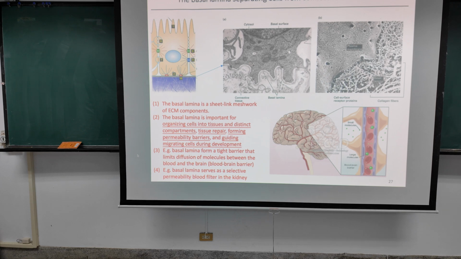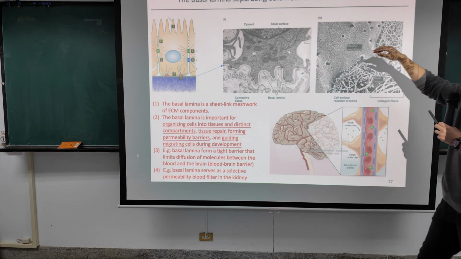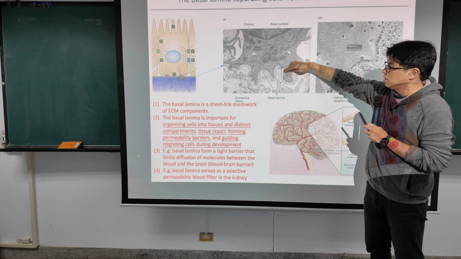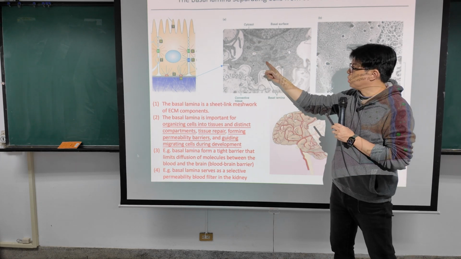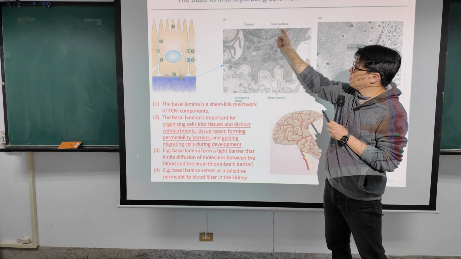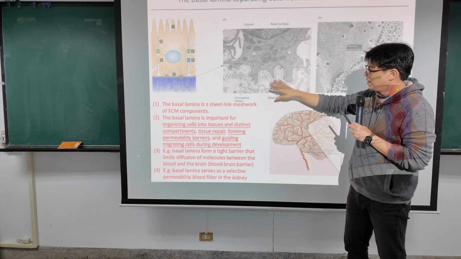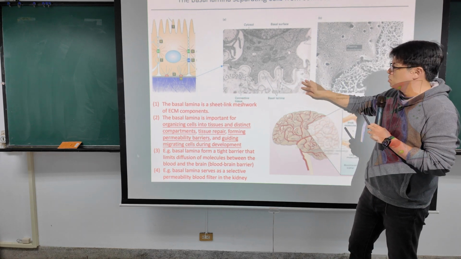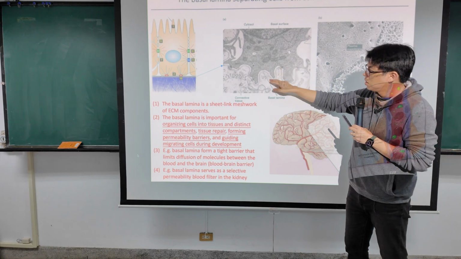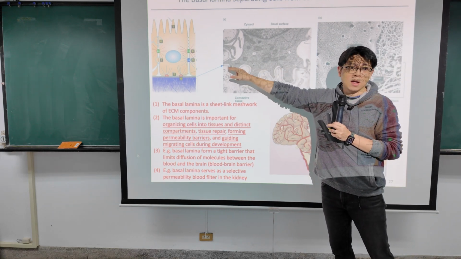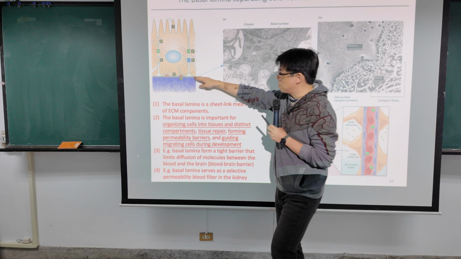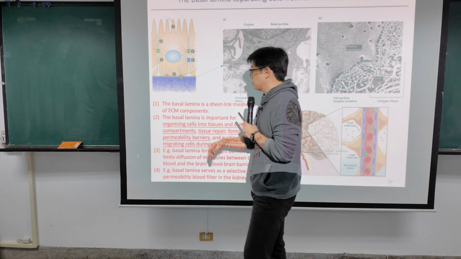Okay. So if you look on the electron microscopy, this will be the epithelial cell. So those are mitochondria, nucleus. This area is the extracellular matrix, and this layer sheet will be the basal lamina. Okay. They will be the first layer of the extracellular matrix area.